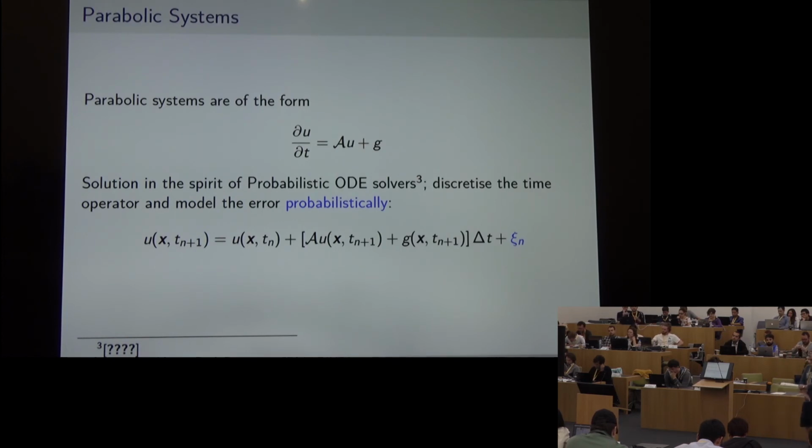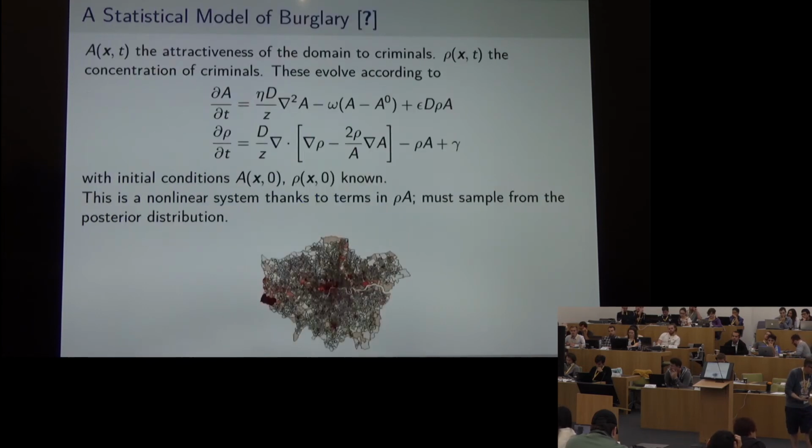Another example is time-evolving systems. The systems that we've looked at have been steady state. We can have these parabolic systems where there is now a time component associated with it. And again, I won't go through the details, but we can construct probabilistic solvers for these types of problems. The example that I've got here is a way in which we can model burglary in London.